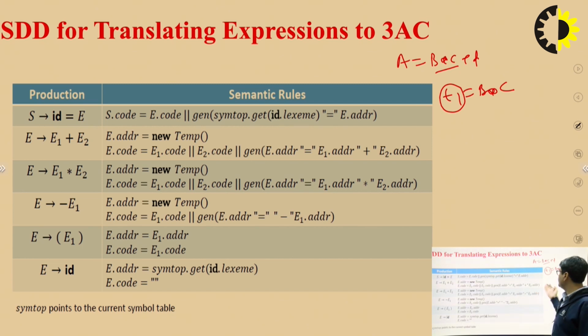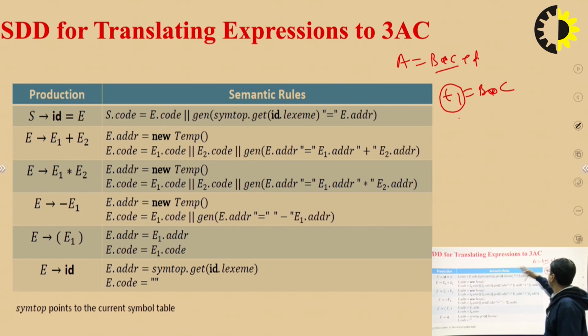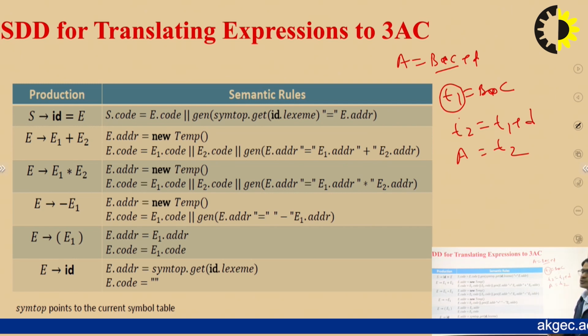We first calculate it, then that calculation is stored in a temporary variable, and this temporary variable is converted into capital E, which is again used for this expression: T2 equals T1 plus D, then A equals T2. That is not needed. Such kinds of operations will be solved by using the generated function.